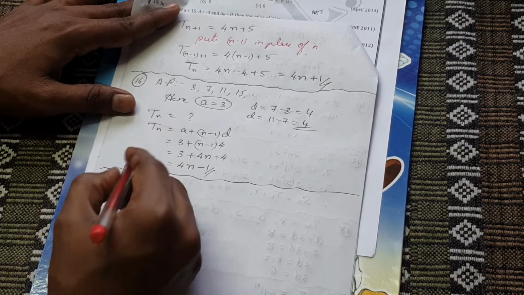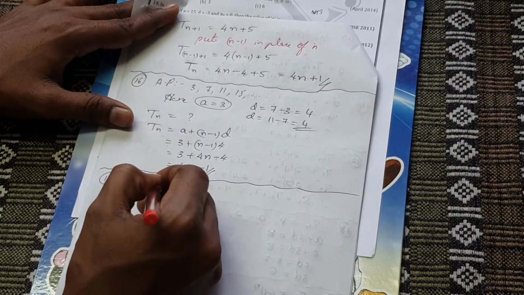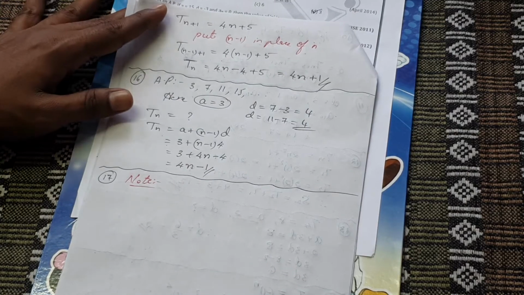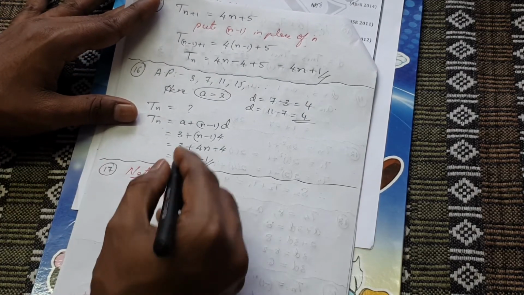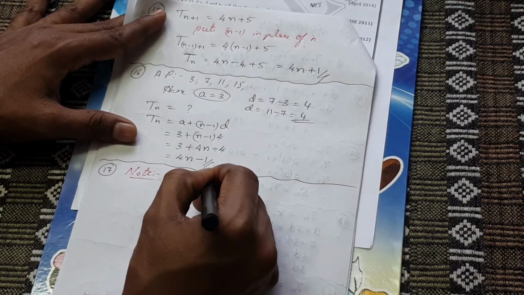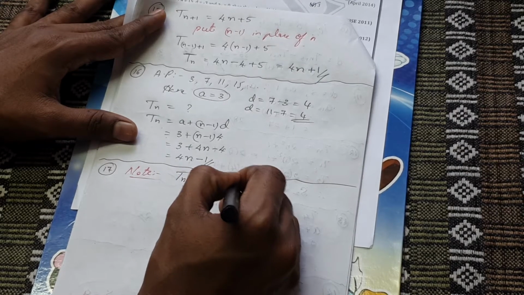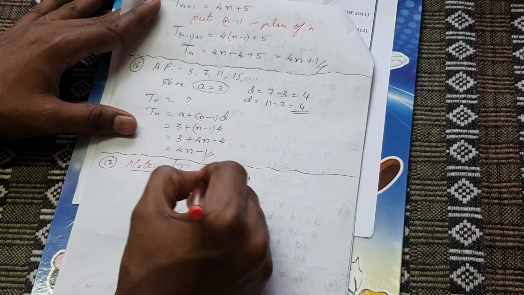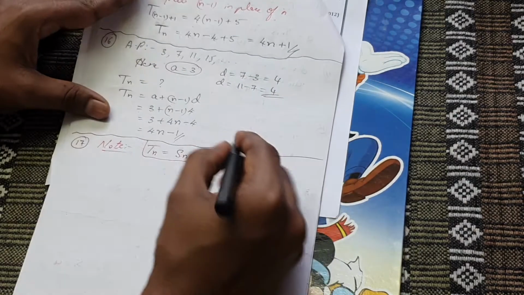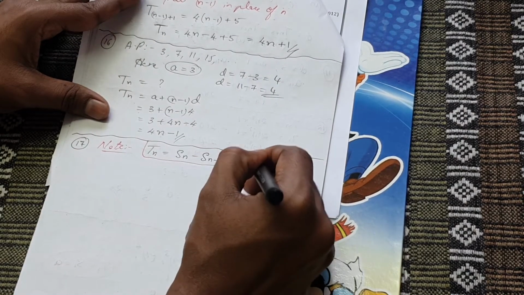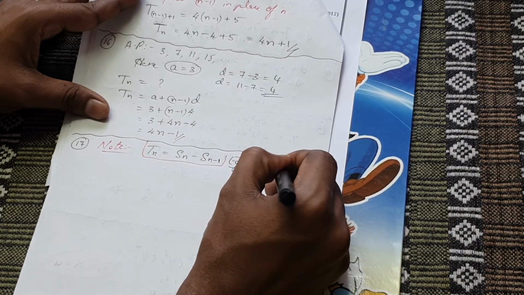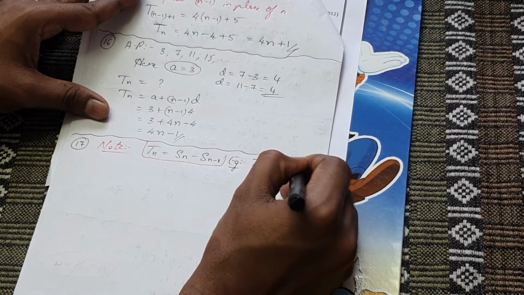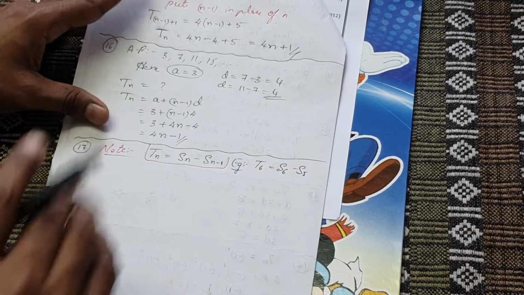Remember, note, this is the note we usually use for formula purposes. Always Tn will be Sn minus Sn minus 1. For example, if you want T6, you take S6 minus S5 and you will get T6.